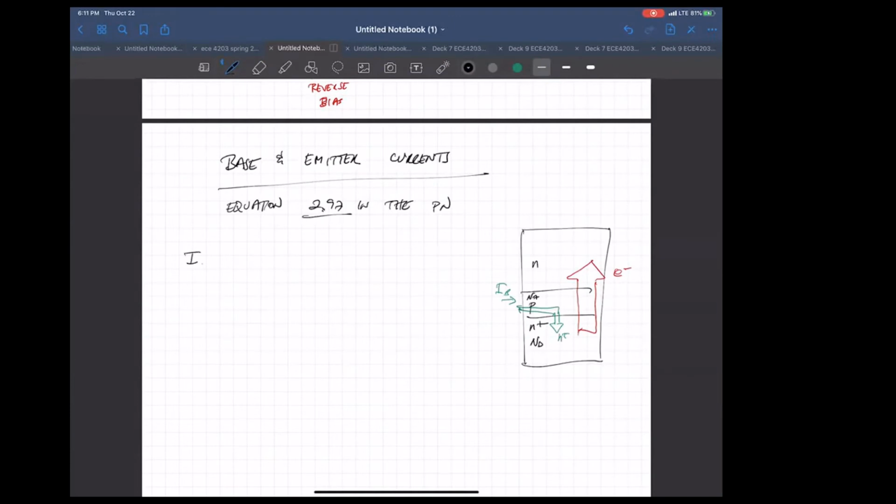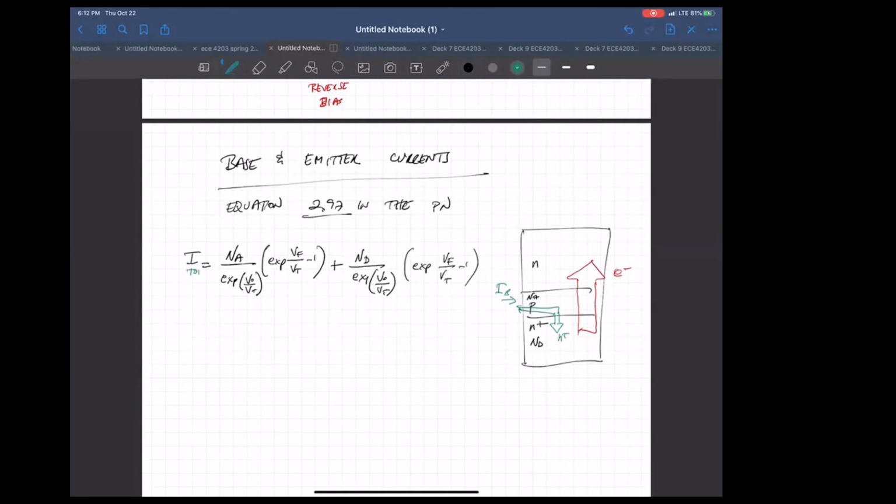That current is a function of the acceptor, so this will be the hole current, exponential of Vf over Vt minus 1, plus this, which will be the electron current.